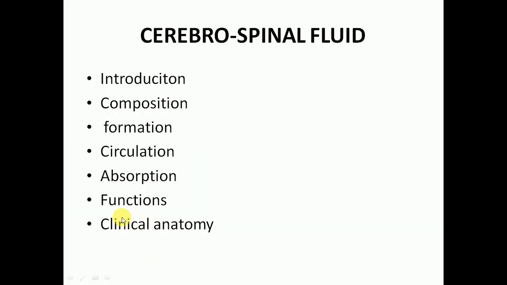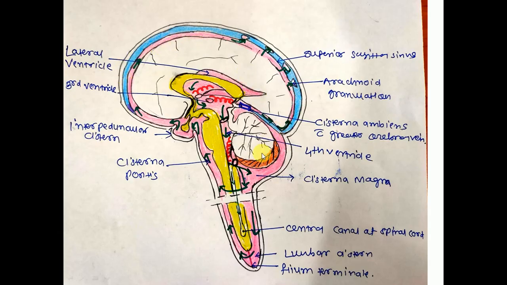Now last point, applied anatomy. So applied anatomy, in one word, the main applied aspect is hydrocephalus. What is hydrocephalus? Hydrocephalus is the condition in which the maximum amount of CSF is collected inside the subarachnoid space. As we have seen, the CSF passes through various places of the brain. Okay.